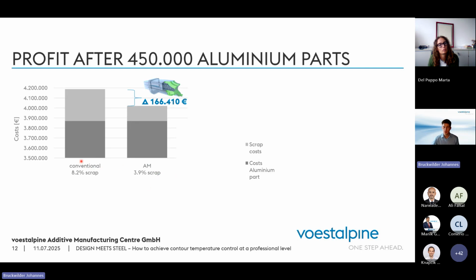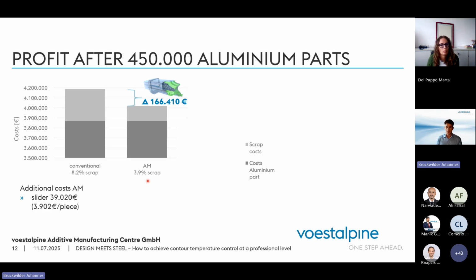And we had conventionally an 8.2% scrap rate. With the conformal cooling of the slider, you see here the scrap costs were reduced by 160,000 euro, as we had lower than 4% scrap.